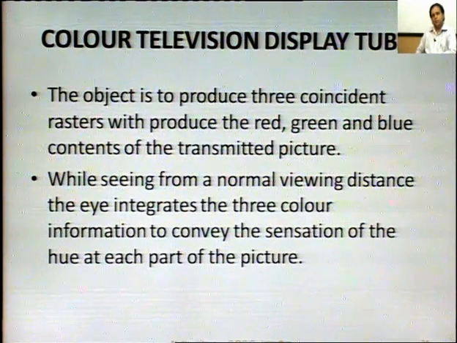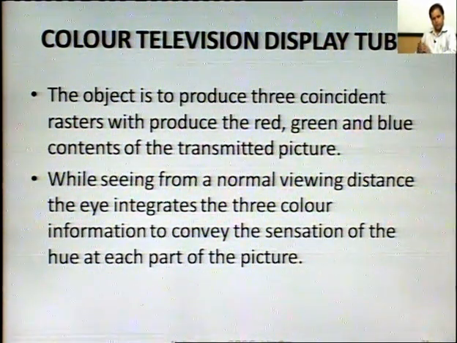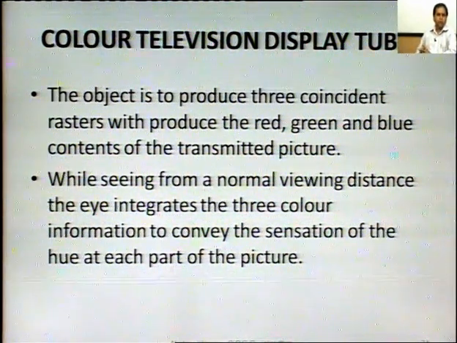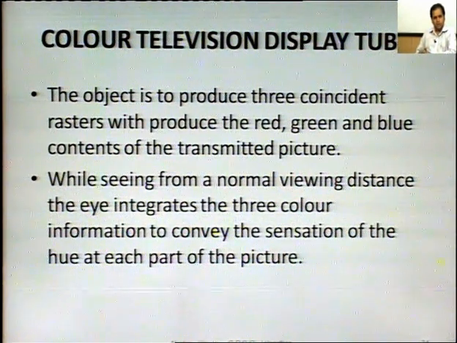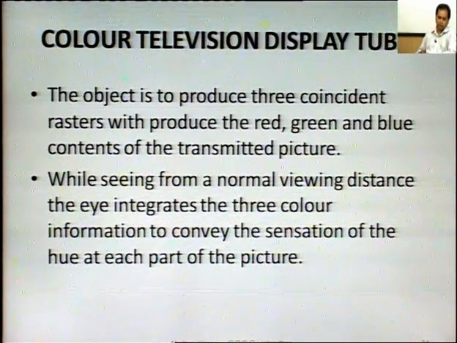The object is to produce three coincident rasters which produce the red, green and blue content of the transmitted picture. When seen from a normal viewing distance, the eye integrates the three color information to convey the sensation of hue at each part of the picture.